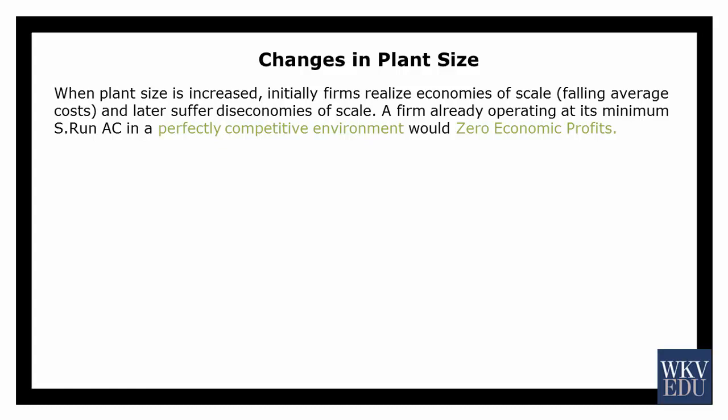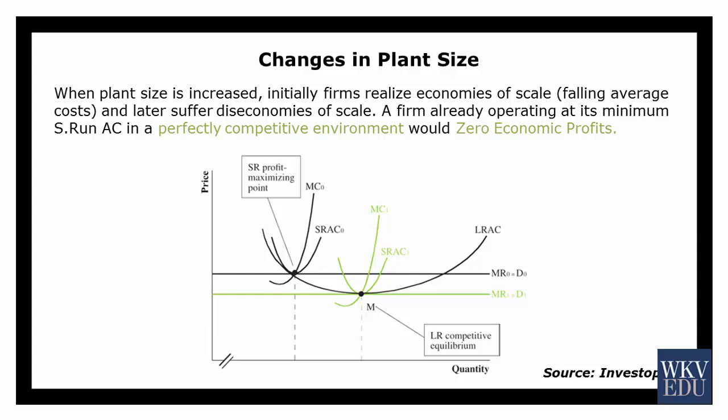However, as one increases the plant size, one moves onto a short run average cost curve which is lower, and which would again give a chance to earn economic profits. The firms will constantly increase the plant size in the long run till they operate again on a short run average cost curve.